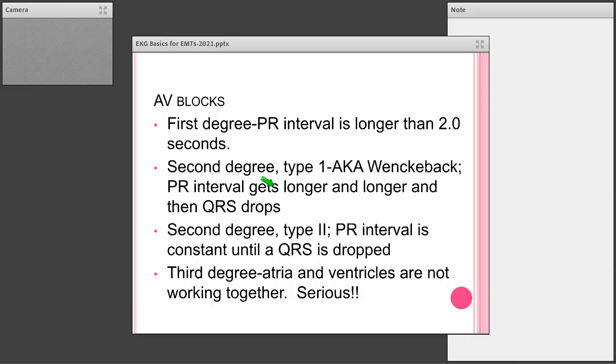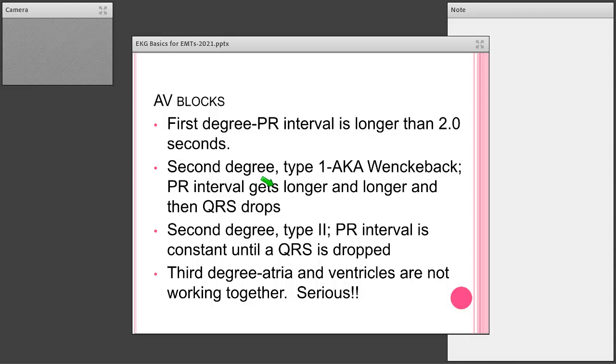As the heart blocks go up, they become more and more serious. A second-degree type 1, sometimes called a Wenckebach, has a PR interval that gets longer and longer for each QRS complex, and then eventually it drops the QRS complex.